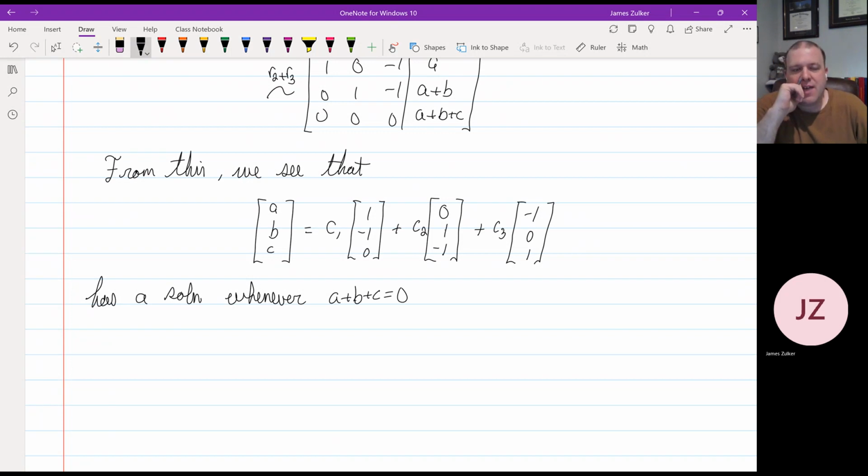But that's a given because it's in W. So this means that S spans W.